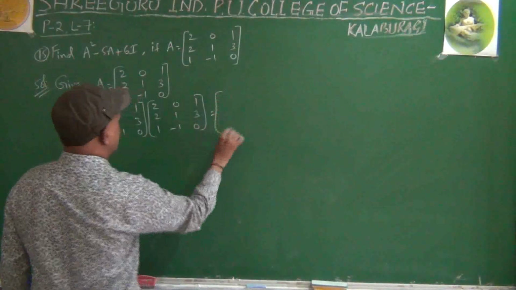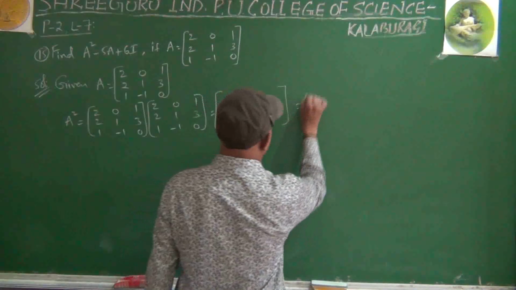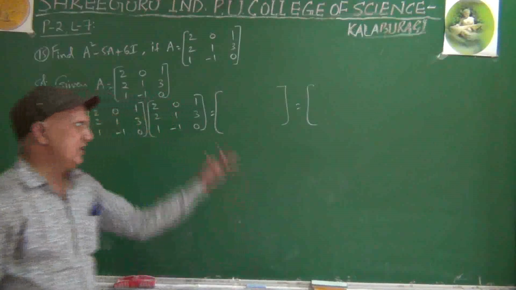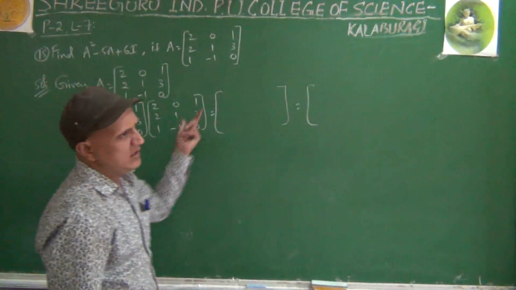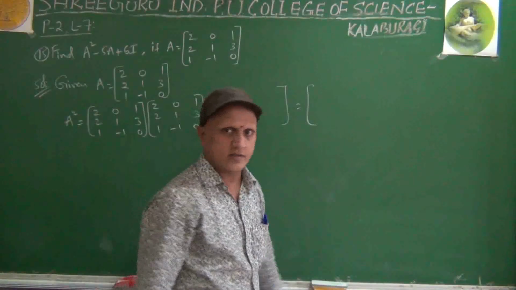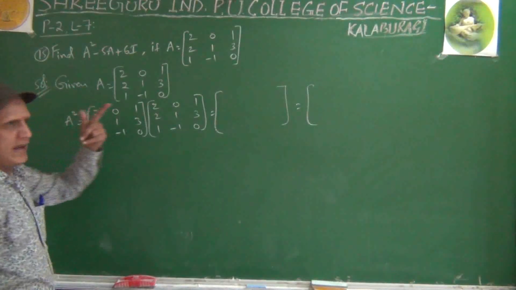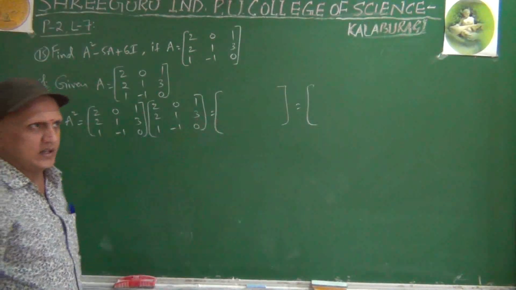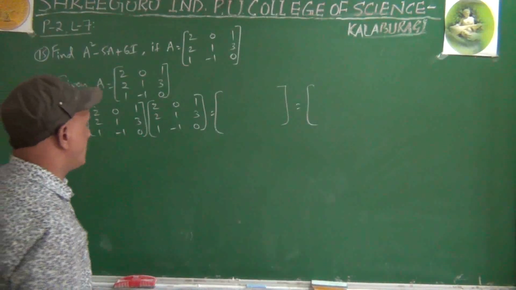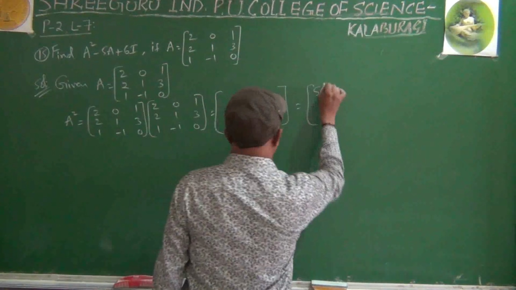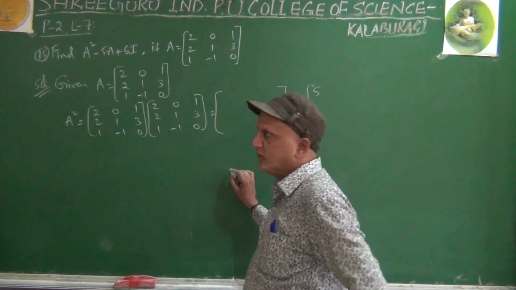I told so many questions. Multiplication you have to do. This is 3 by 3, this is also 3 by 3, answer also a 3 by 3 matrix. First row, first column: I am doing directly, you have to solve this one. 2 into 2 is 4, 0 plus 1, so 4 plus 1 is 5. You try slowly, you will get the correct answer.